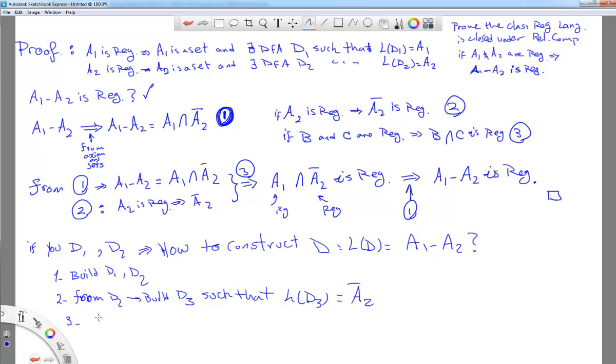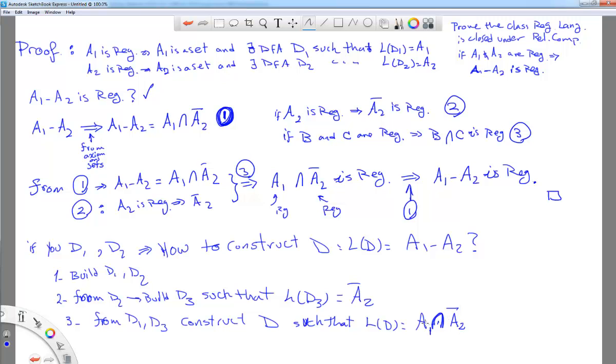And step number 3, from D sub 1 and D sub 3, construct D such that L of D will be A sub 1 intersection with the complement of A sub 2.